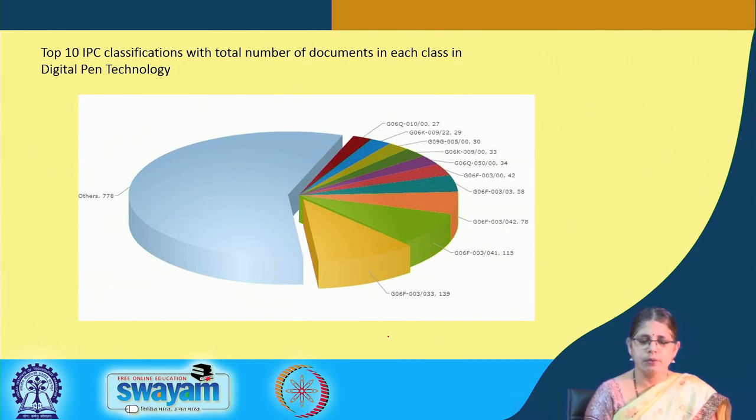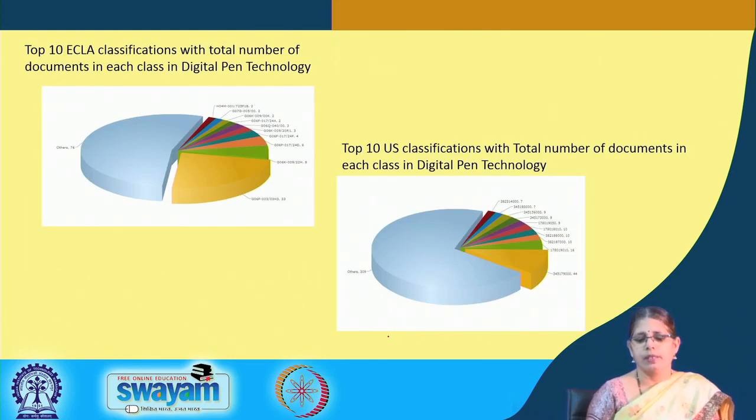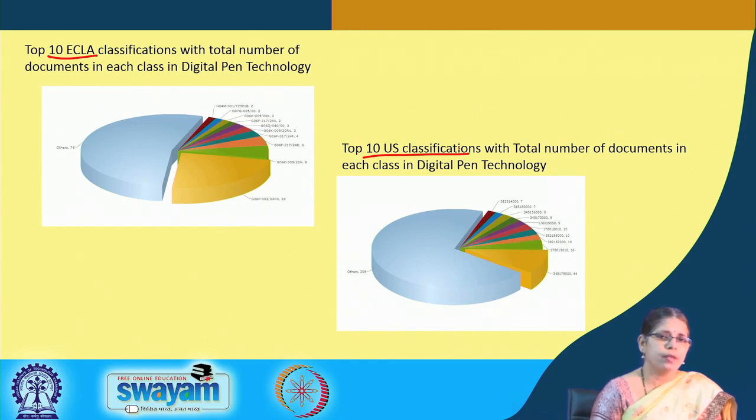In this case, you have the different subclasses under the G class which are relevant with respect to the IPC here. Further on, one can look at the aspects of the ECLA as well as the US classifications. In many cases, it is often noticed that the technology is more often taken in relation to certain countries.